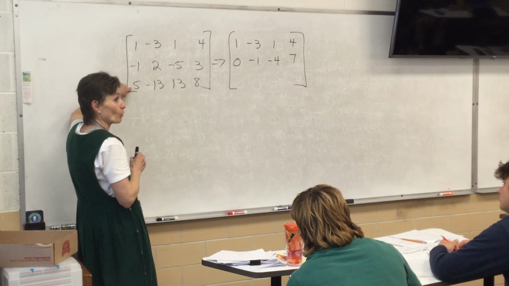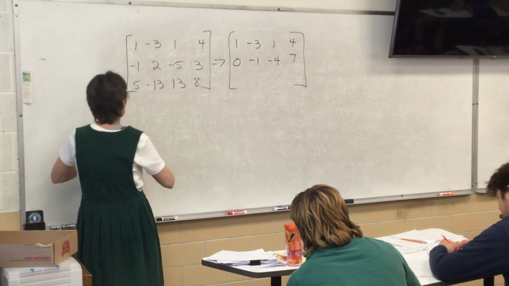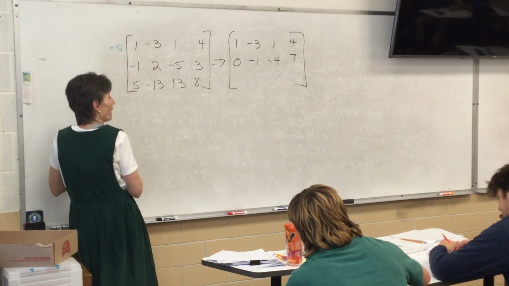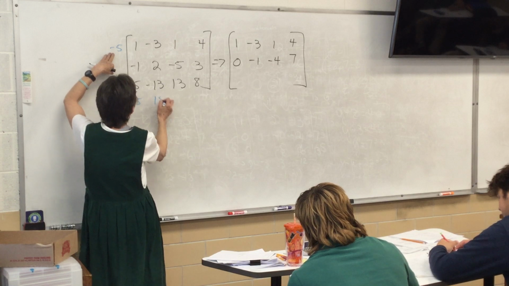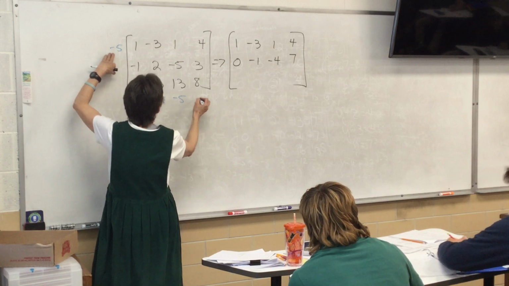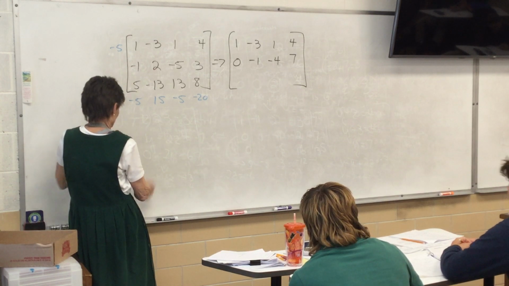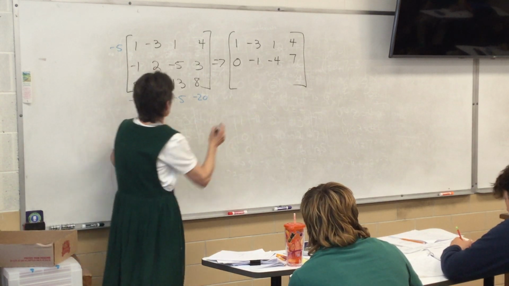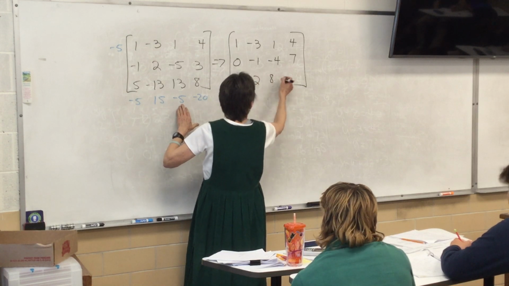This one we're going to have to work for. So we'll multiply the top row by negative 5. So that will give us negative 5, 15, negative 5, and negative 20. So 0, 2, 8, and negative 12.